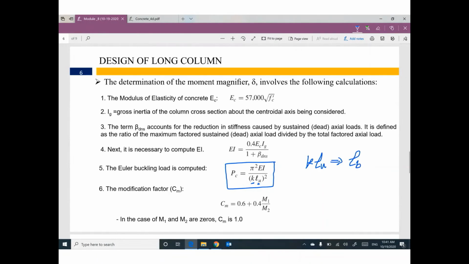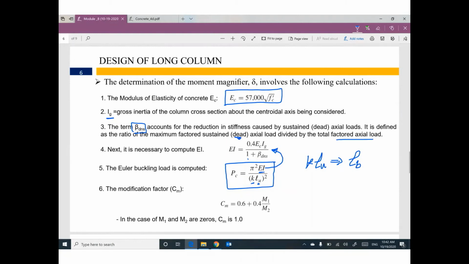How can I figure out the value of EI from this expression? According to ACI, EI equals 0.4 E concrete, Young's modulus of concrete, times I gross, the moment of inertia for the column, divided by 1 plus beta. This beta is a ratio between the factored dead load and the total factored load.